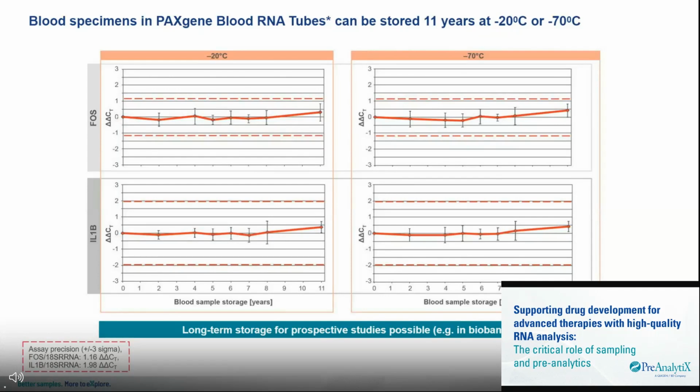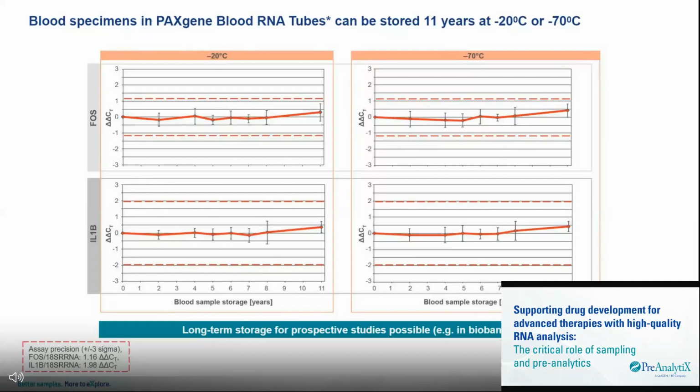Again, we collected multiple blood samples from 10 donors. The samples were frozen up to 11 years. At each test time point, duplicate samples were processed, and the RNA was analyzed with FOS and interleukin-1 beta.